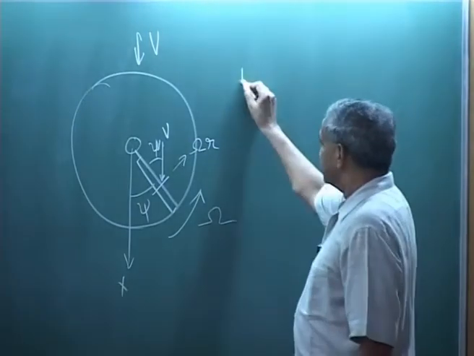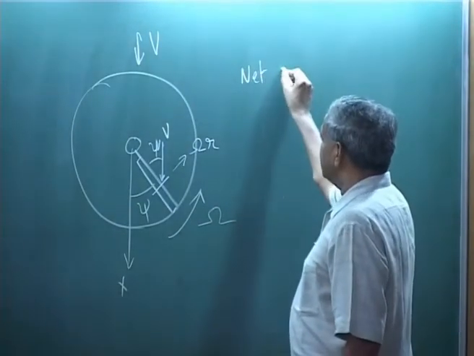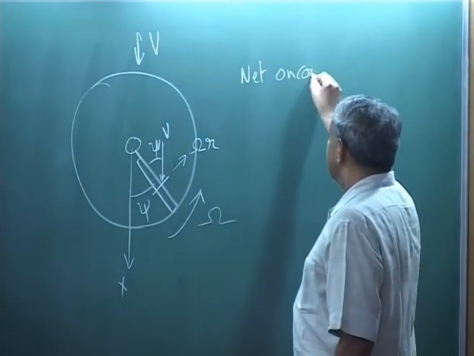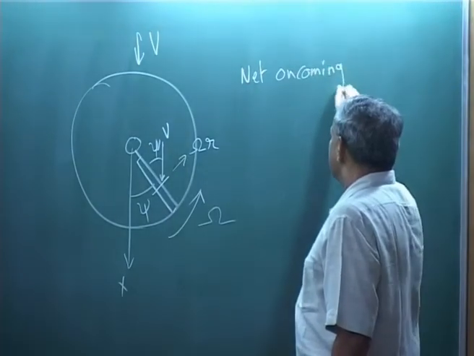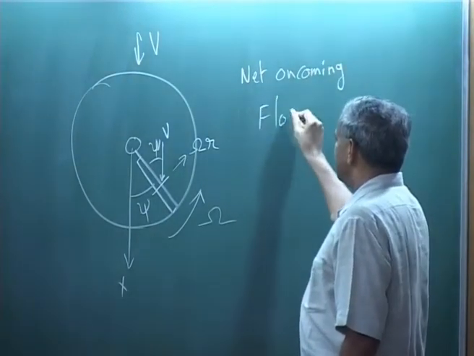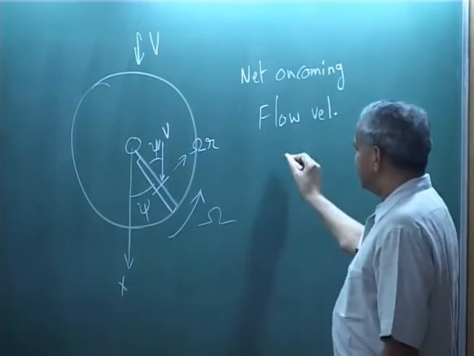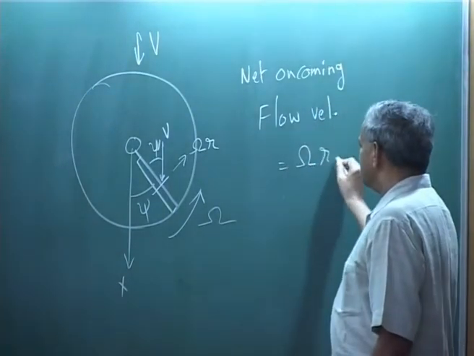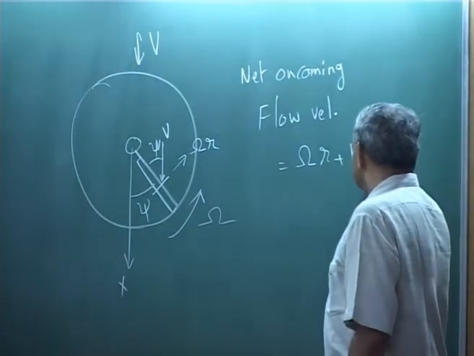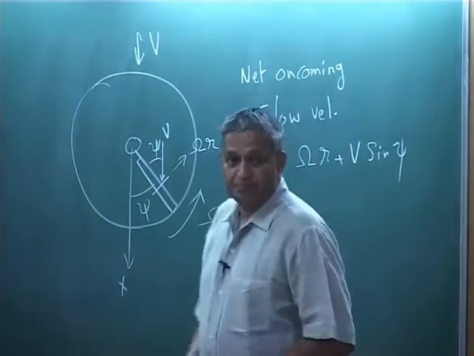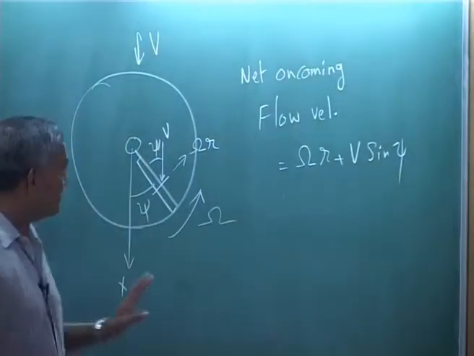So, the net oncoming flow velocity is omega r plus V sin psi, omega r plus V sin psi.